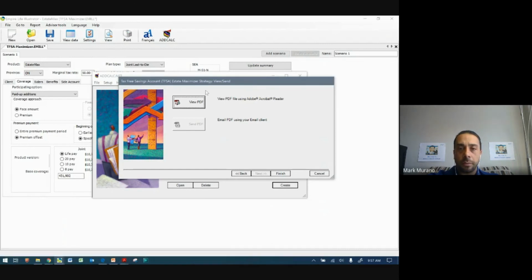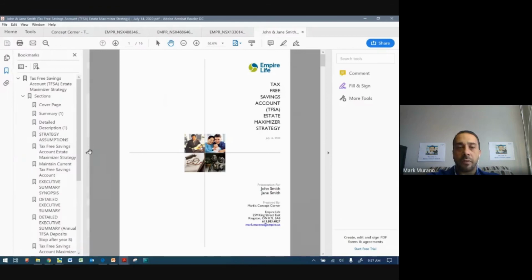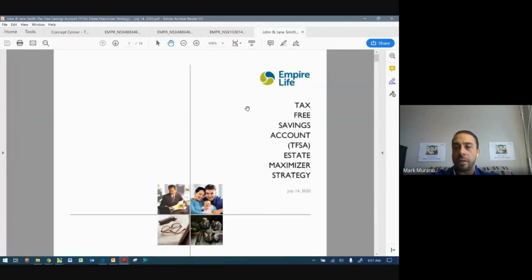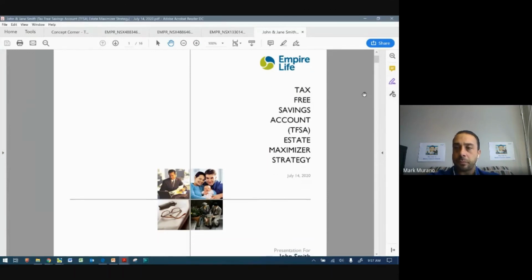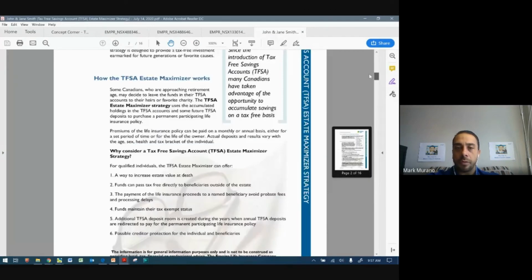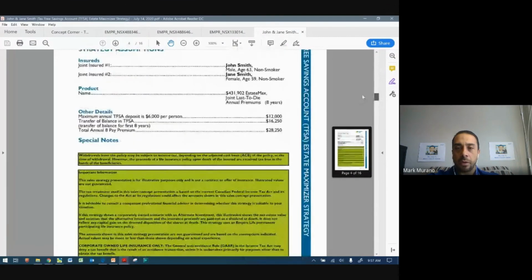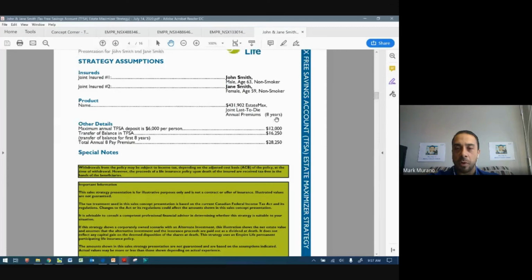Perfect. There we go. So here's my TFSA Maximizer concept. I'm just making it a little bigger for everybody to see. It gives you a great explanation as to why you would purchase this concept. Here are my assumptions I talked about already.